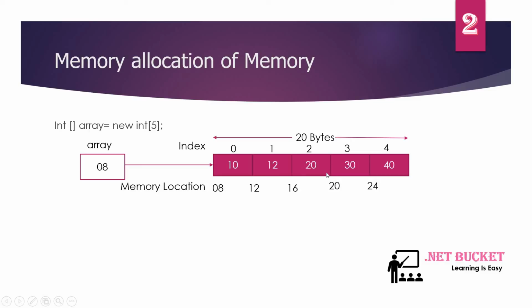So it's a simple funda. Whatever index you want to access, it will simply multiply it with the size of the variable, which is integer, so here it will be 4, and it will just add the array base location, which is the starting location, 8. This is the internal working of an array.